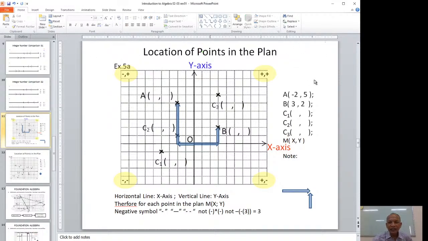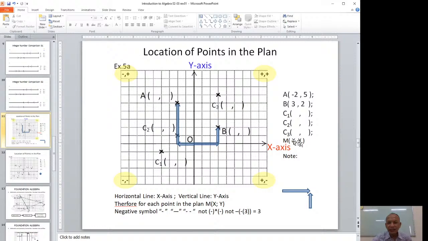We don't call them like in Khmer or French, axis x, ordinate y. We don't call them like that. We call them just by the name: x-axis, y-axis.